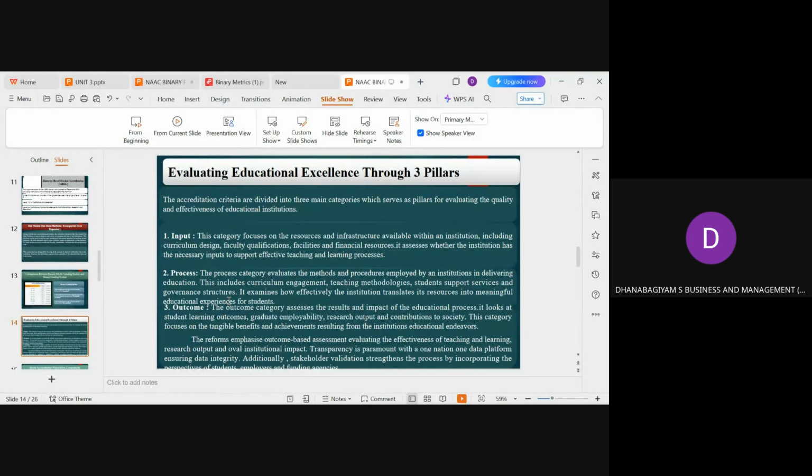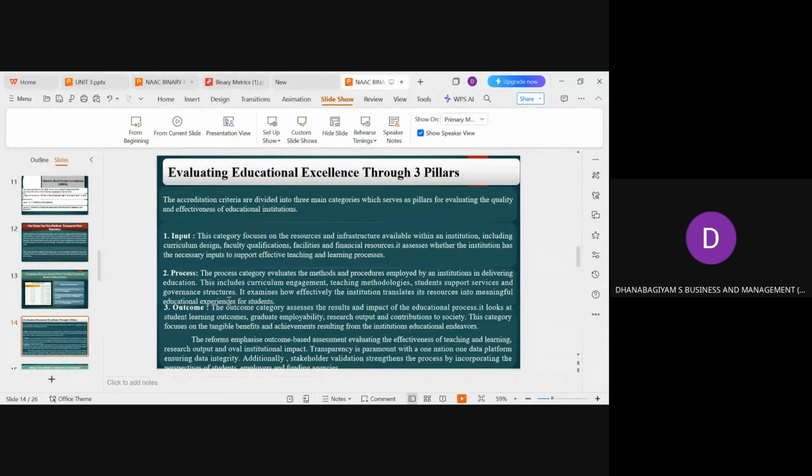Then student support services, whether we have enough active clubs, student associations, NCC. Those come under this, and governance. So these are the things that come under the process. It examines how effectively the institution translates its resources into a meaningful educational experience, and whether through all this we are able to attain the proper outcome and give a proper educational experience to the students.